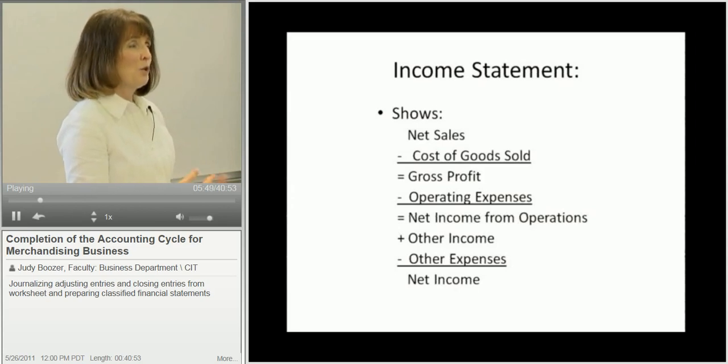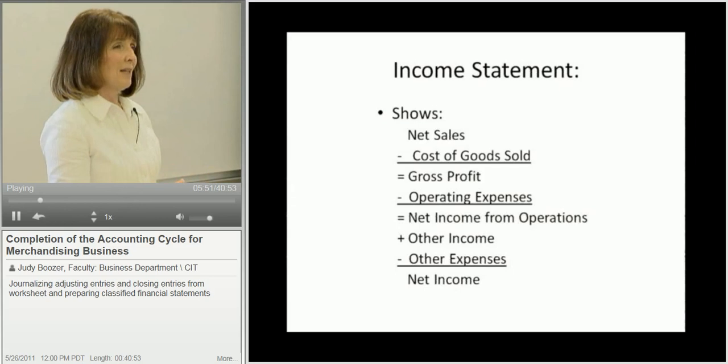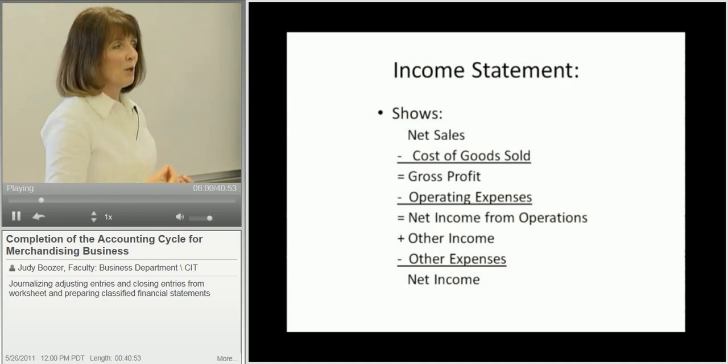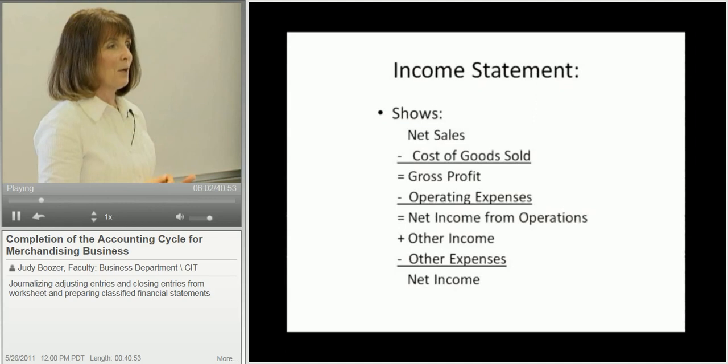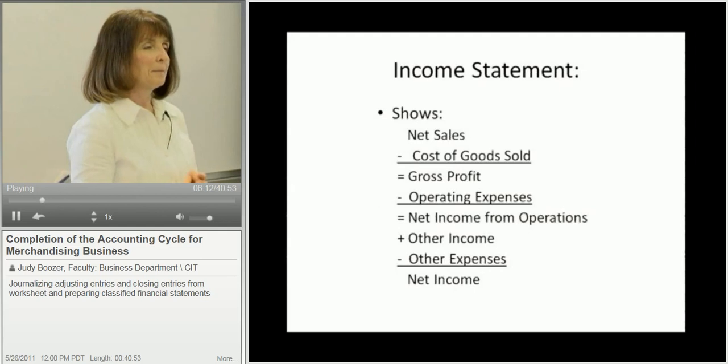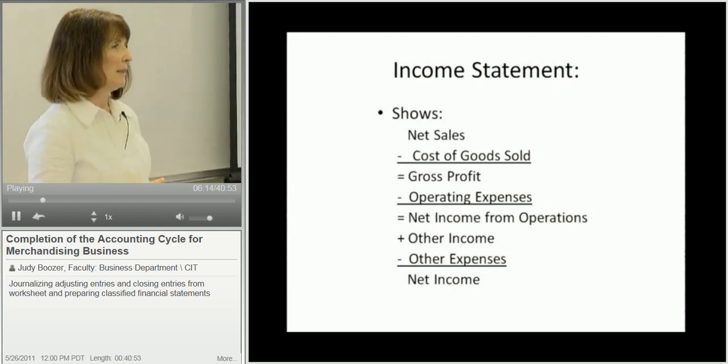No. Could there be expenses related to it? Yes. Could there be income? Possibly. Possibly you get a kickback on the sales from it. Again, it's going to be part of the business, but not part of the operations of the business. Therefore, it would be listed under something called other income. So we're going to separate that when we do it on the income statement. And we're going to do that again in a little bit.